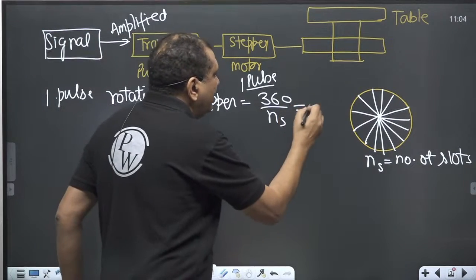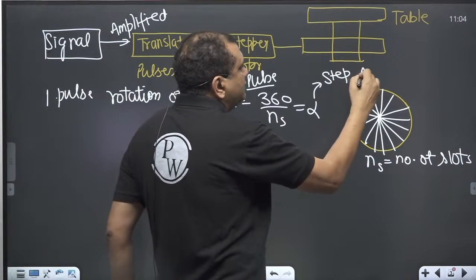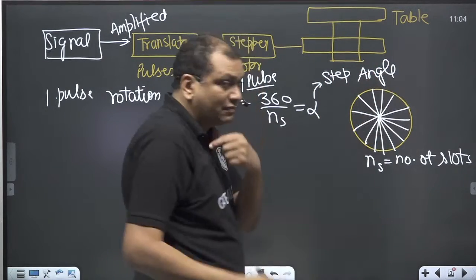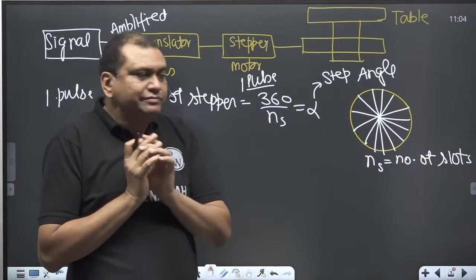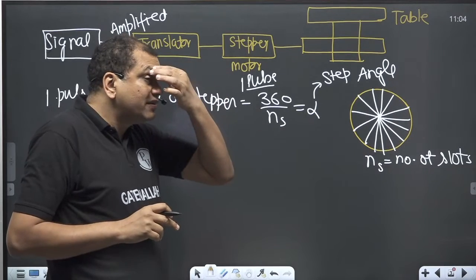This is alpha. Alpha is called the step angle. NS is the number of slots.